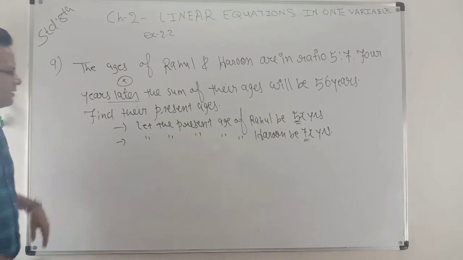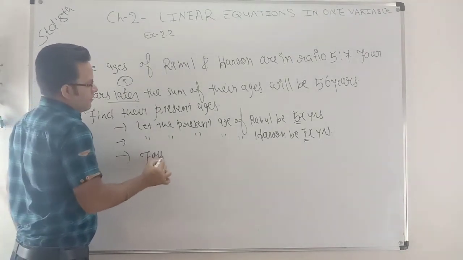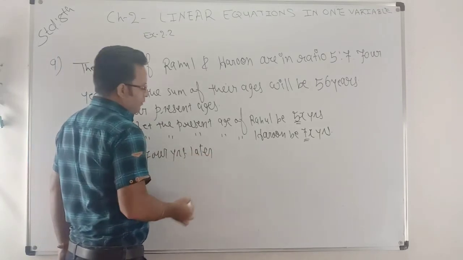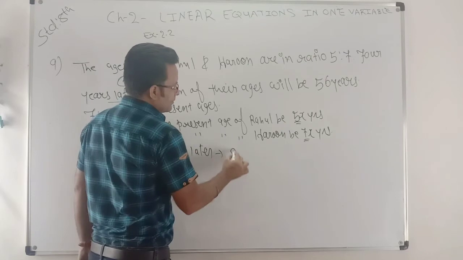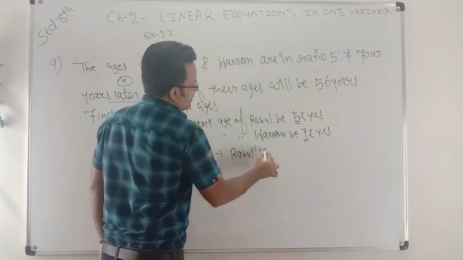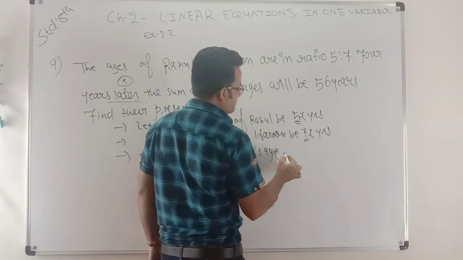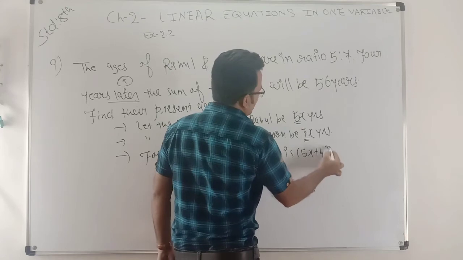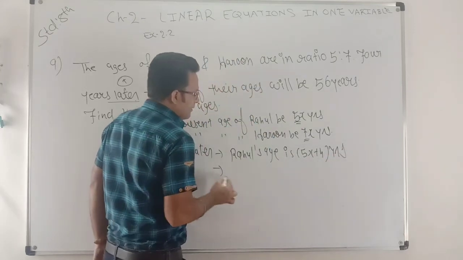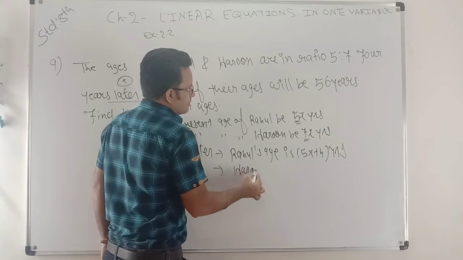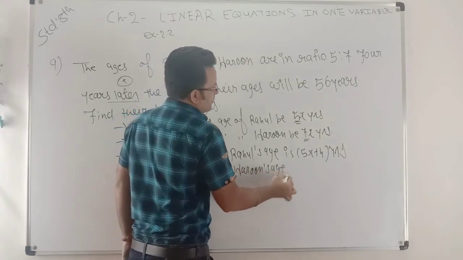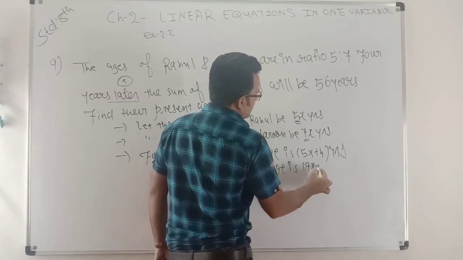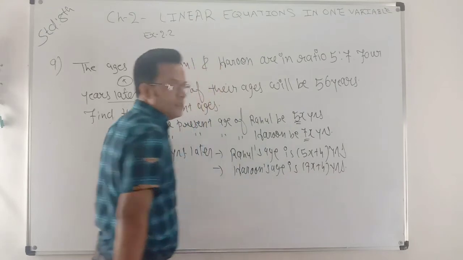Now look at the question. 4 years later. 4 years later means Rahul's age is 5x plus 4 years, and Arun's age is 7x plus 4 years.